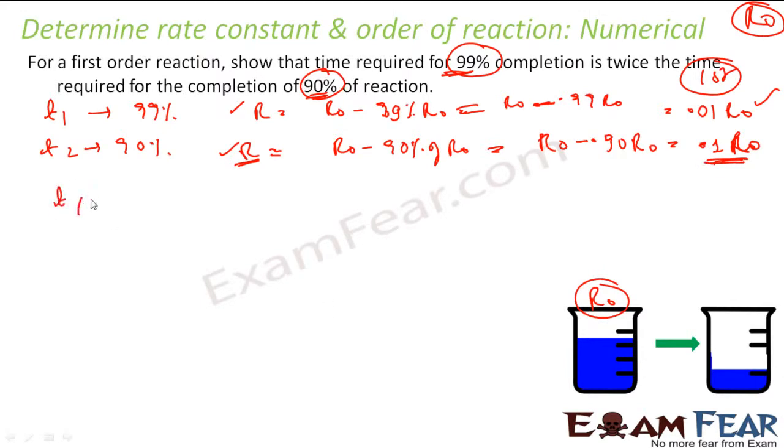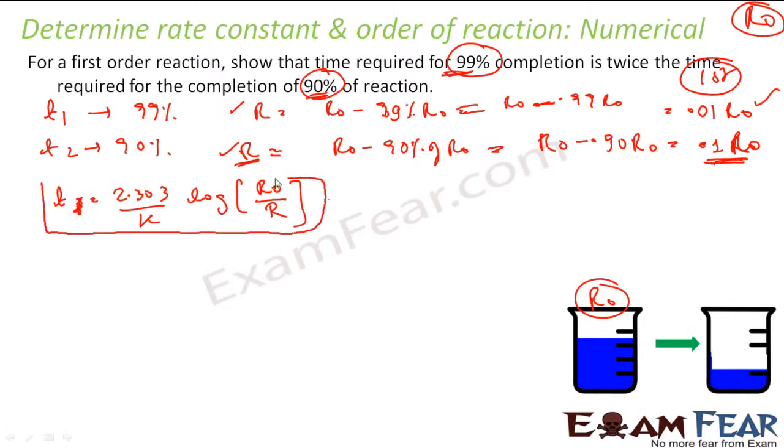Let's find T for both cases. Case 1, T1 is nothing but 2.303 by K log of R0 by final concentration, that is R. This is the general formula. Let me write the formula first. So let me see for case 1.